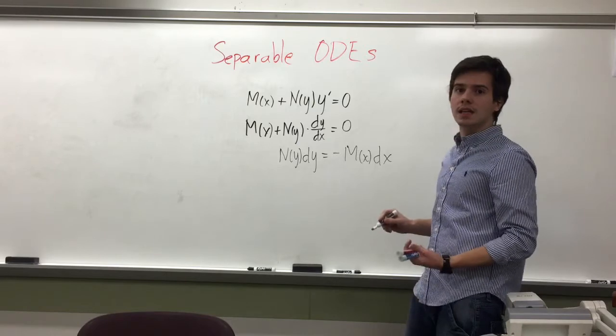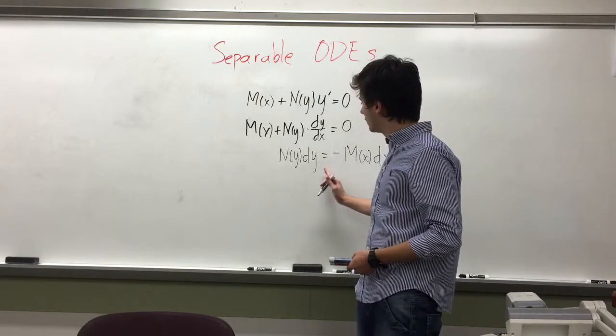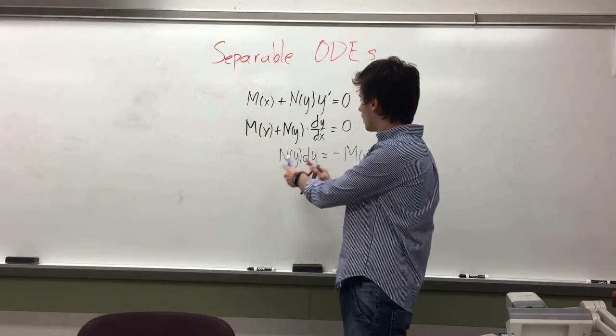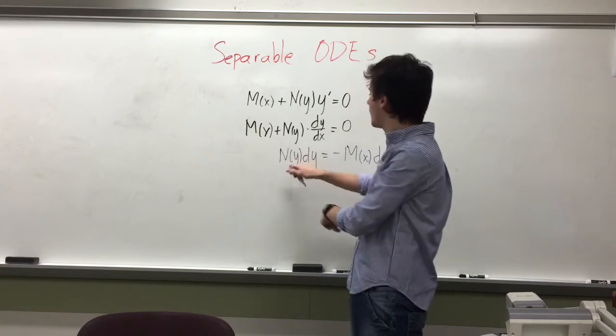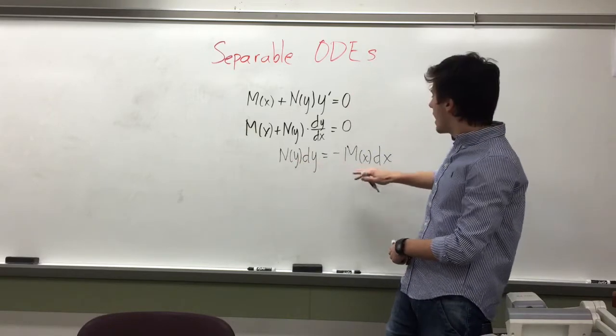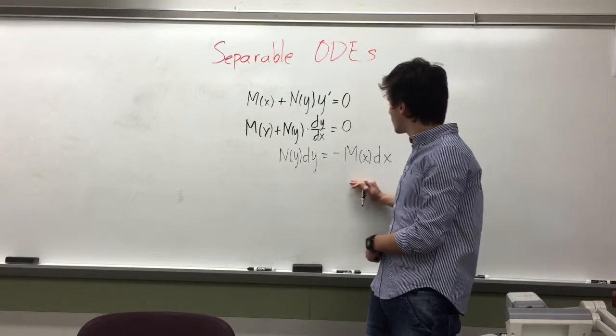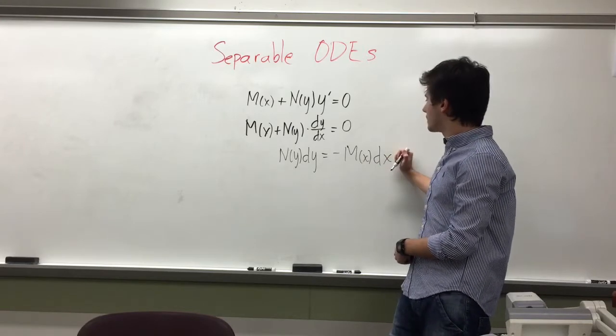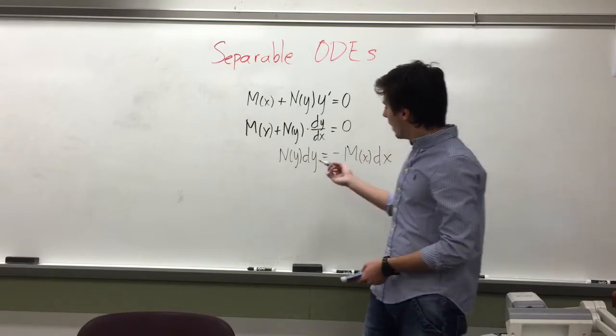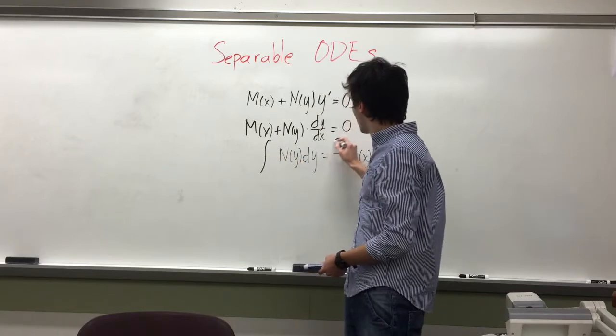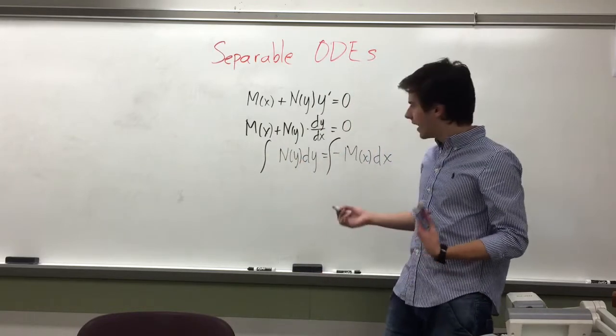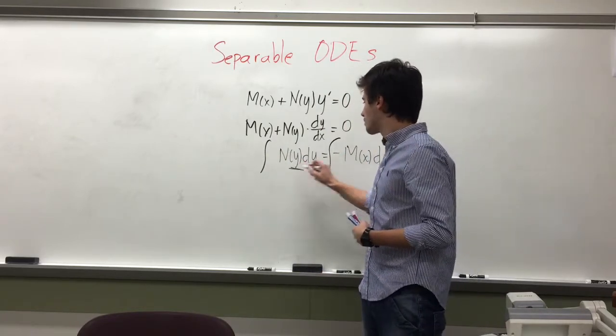So now we see that we have all of the variables with respect to y on one side, n of y times its derivative, and we have all the variables with respect to x on the other side times its differential dx. Now what we do is we integrate both sides, and we can solve for our solution y.